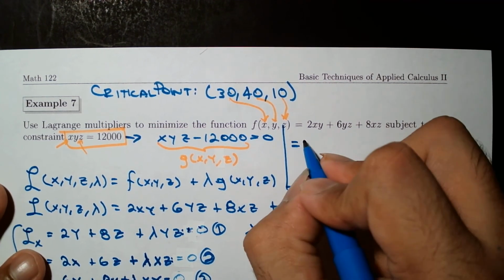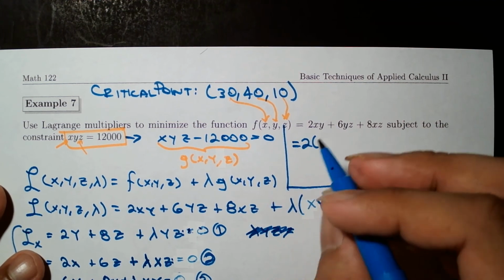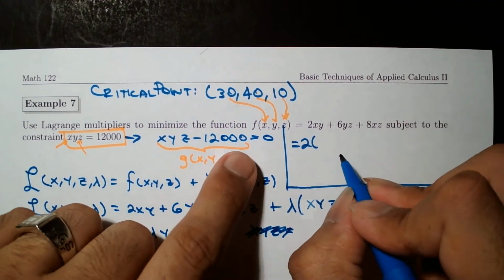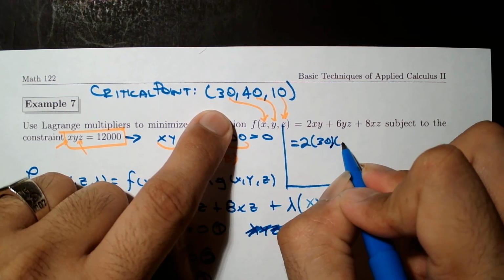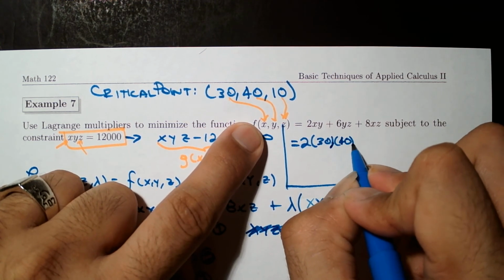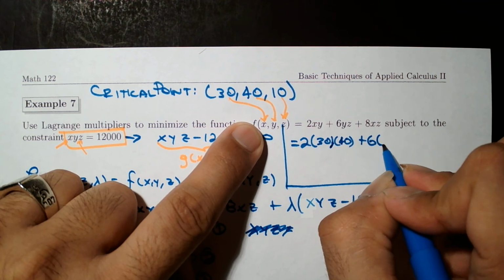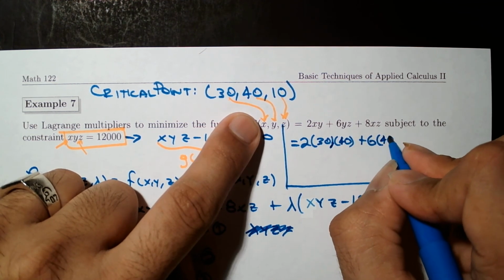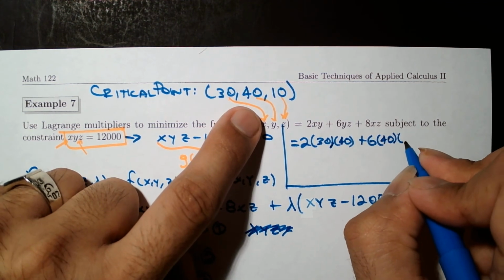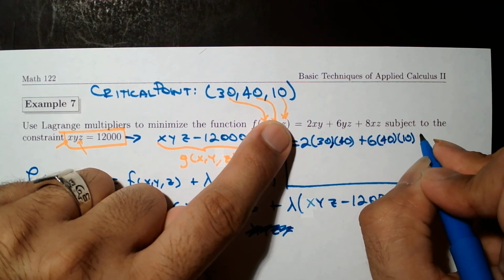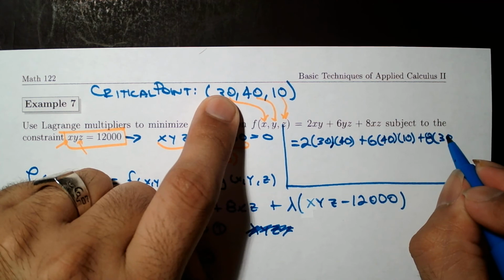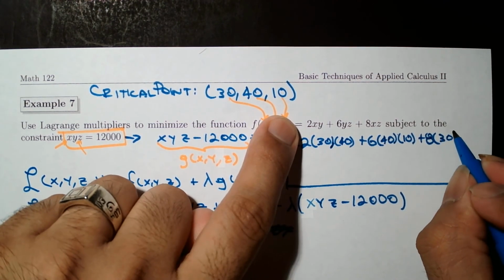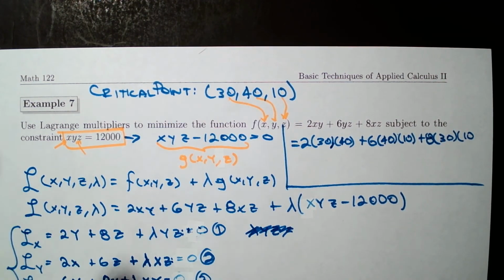So 2 times x, which is 30, times y, which is 40, plus 6 times y, which is 40, times z, which is 10, plus 8 times x, which is 30, times z, which is 10.